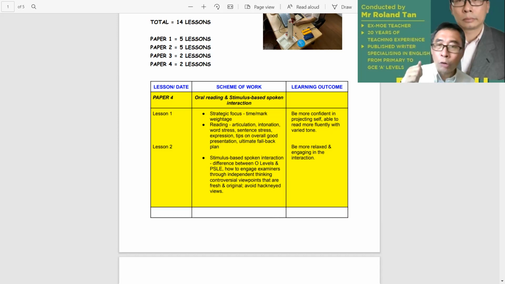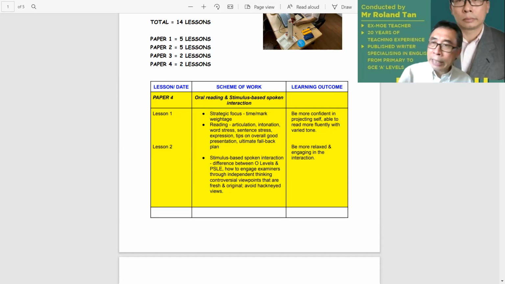I'll be focusing on reading, which involves articulation, intonation. Well, intonation is something that many students are relatively weak in. I'm not even talking about Singlish, right? I'm talking about stressing the syllable in a word at the wrong places, or not even stressing the syllable at all.